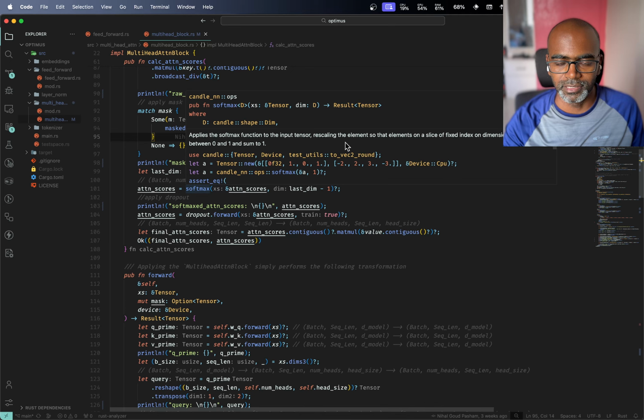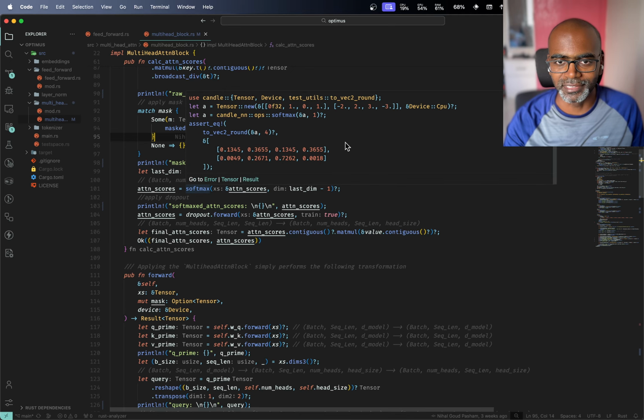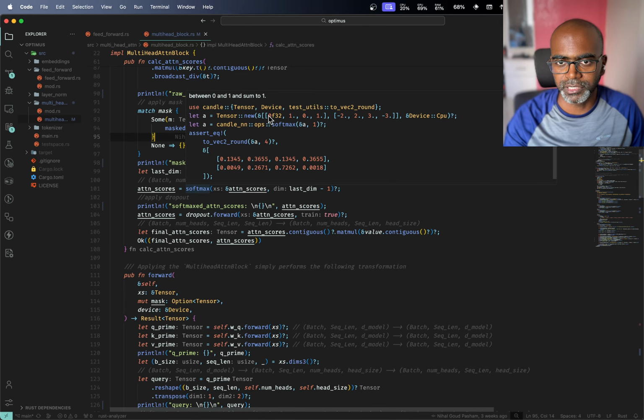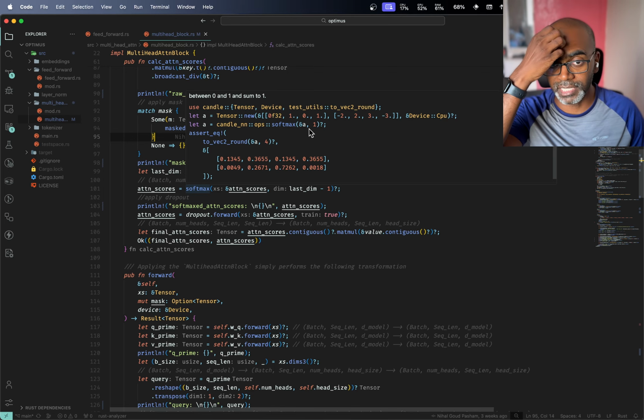This essentially means that you want to do this. So, for example, if I went ahead and did something like this, this is my tensor, I've got these values, and I applied the softmax, and softmax is applied on dimensions. This is a 2 by 4 tensor, so I am applying it on the second dimension, which is the column dimension, because I think Candle uses row major style.